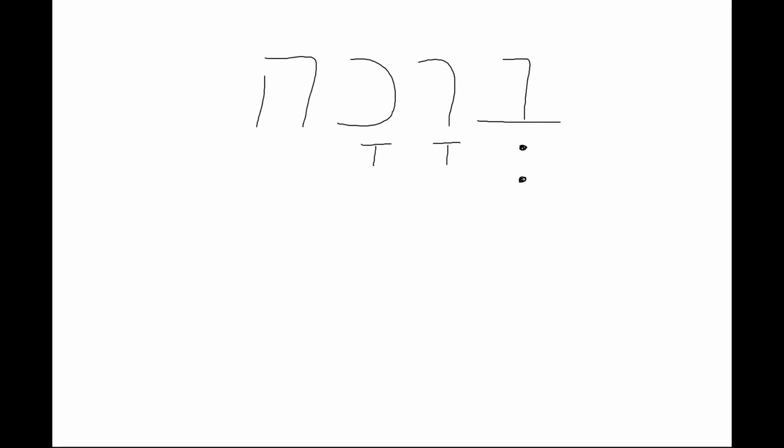Beracha, blessing. So the bet would be a B. And then the two dots under the bet, the schwa, is vocal, right? So we superscript it. Then the resh. Then the patach under the resh is an ah.